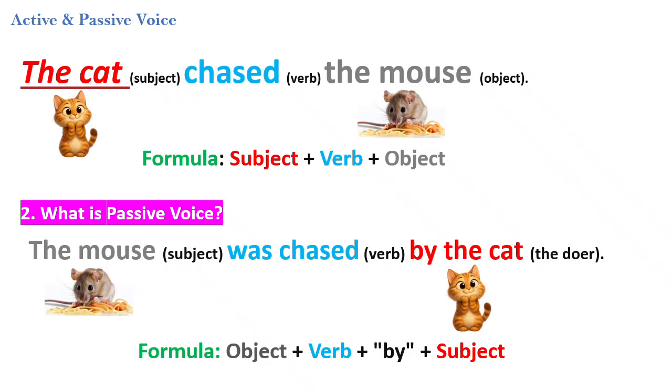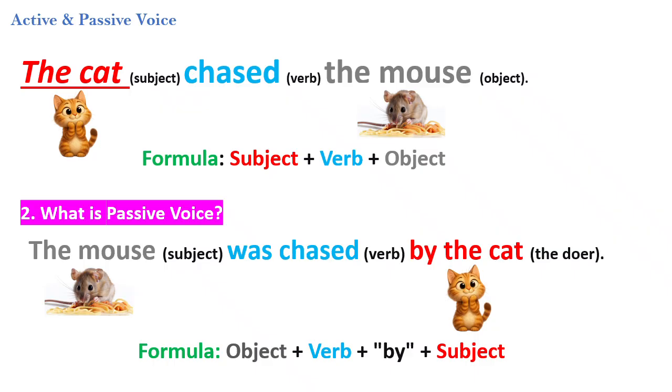Other changes are there too. The mouse was chased. In blue color we have the verb phrase, and it is telling us that there are some changes in the verb as well. But please don't worry, I will explain. First of all, we always use the same main verb, but always in the third form, right? And before it we use the be form, and the be form in the past is was or were.